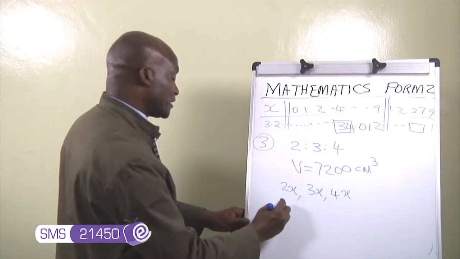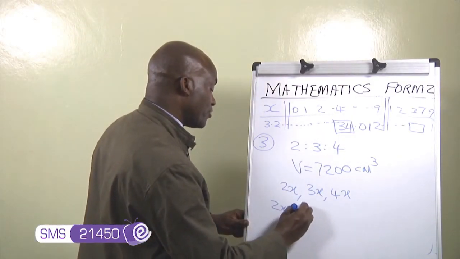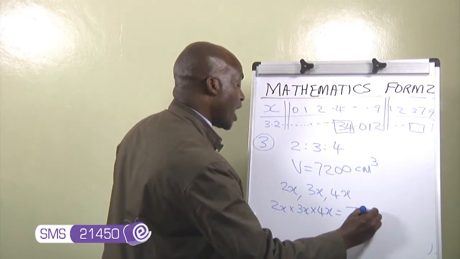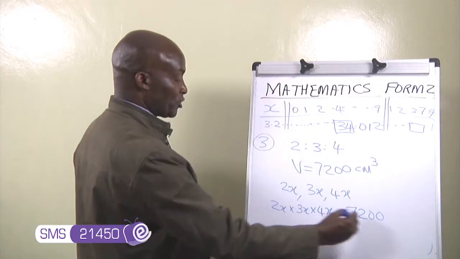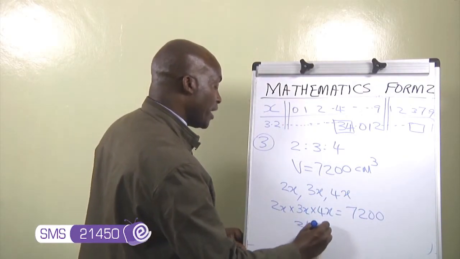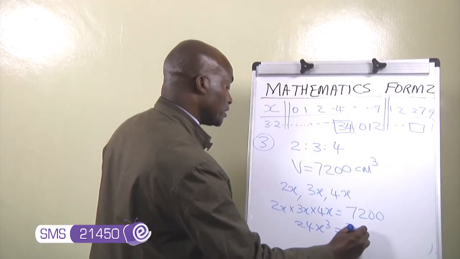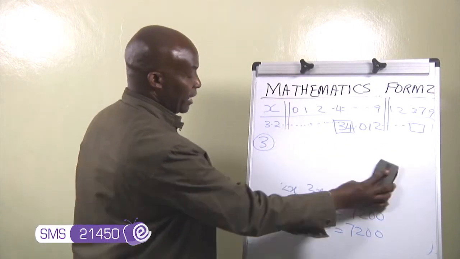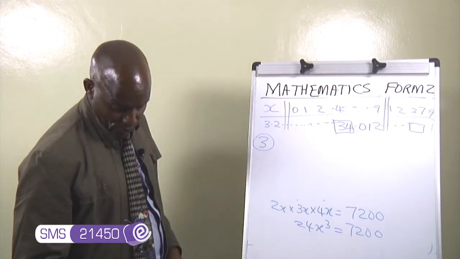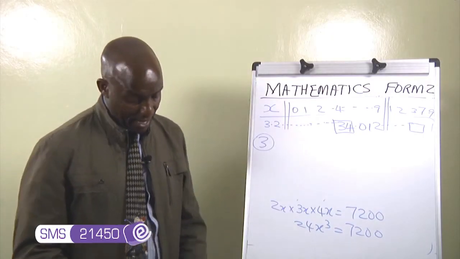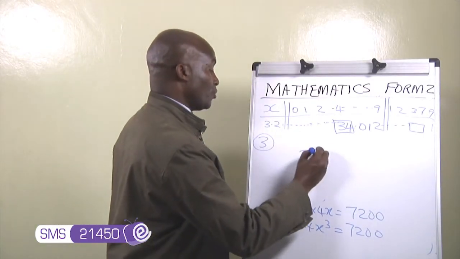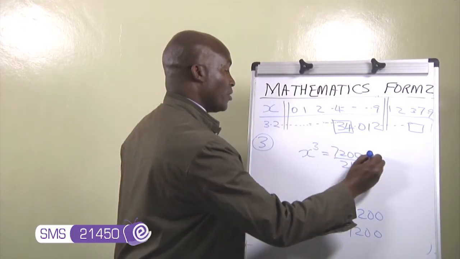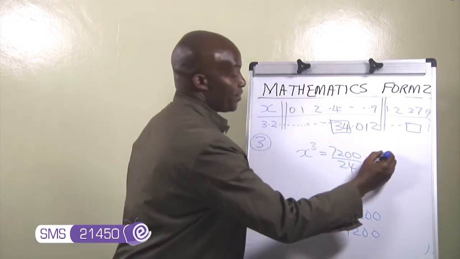Then we can write that 2x times 3x times 4x is equal to 7,200. Multiplying this out, we get 24x cubed is equal to 7,200. Dividing throughout by 24, we get that x cubed is equal to 7,200 divided by 24, which gives you 300.